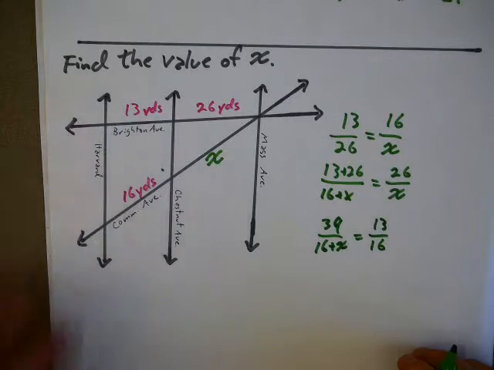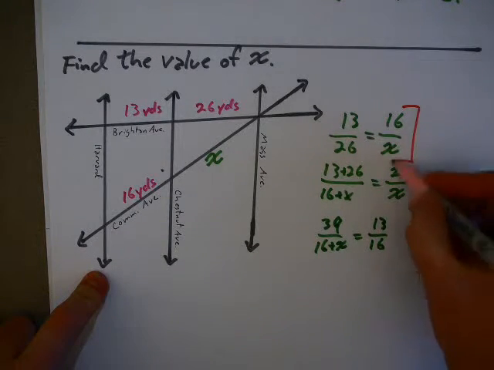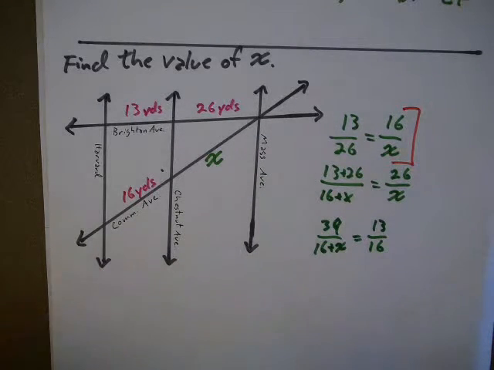Now, all of these are true, but obviously some are easier to deal with. So we're going to tackle the one that's the easiest to deal with, in my opinion. That is this one. It only has one variable, so we're going to use that one. So let's take a look.